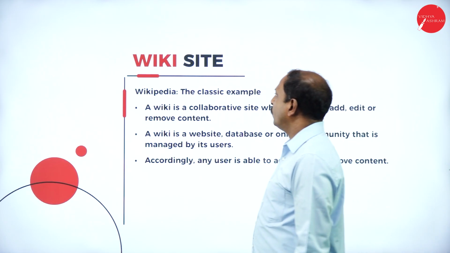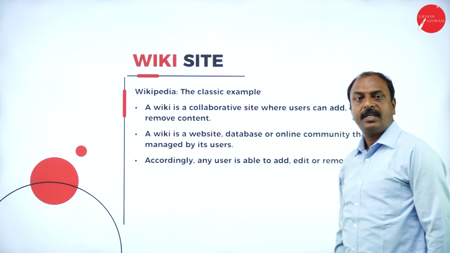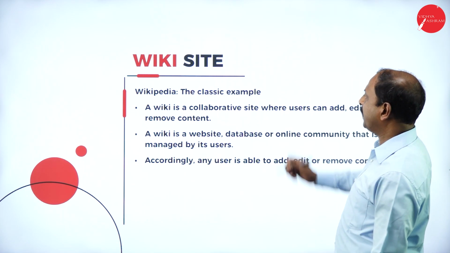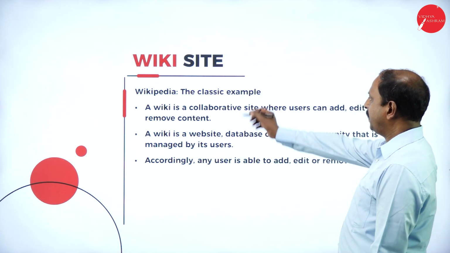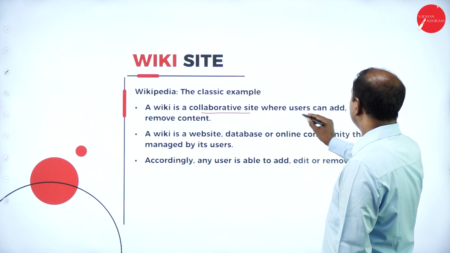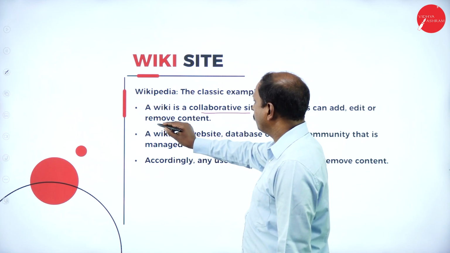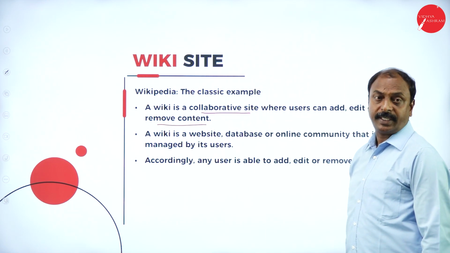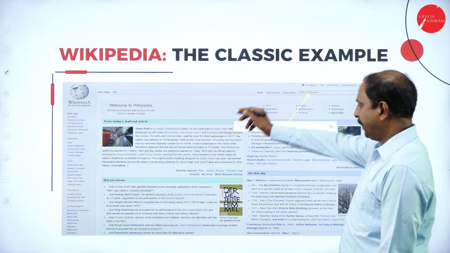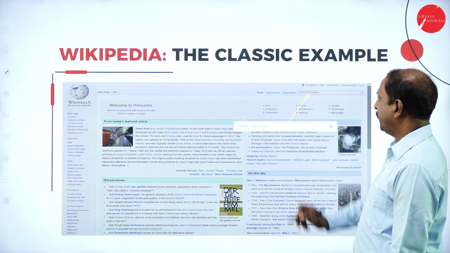Now let us see what a wiki site is. Wikipedia is a site, and what is a wiki page or wiki site? Here the wiki is a collaborative site where users can add, edit or remove content from the website or from the page. For example, this is the website Wikipedia.